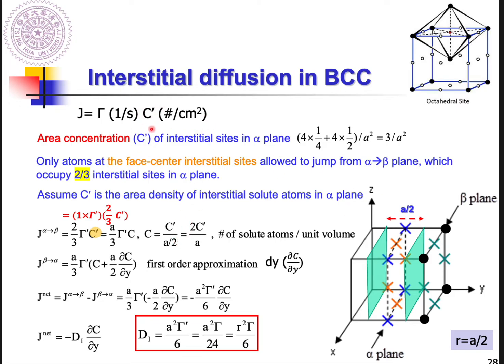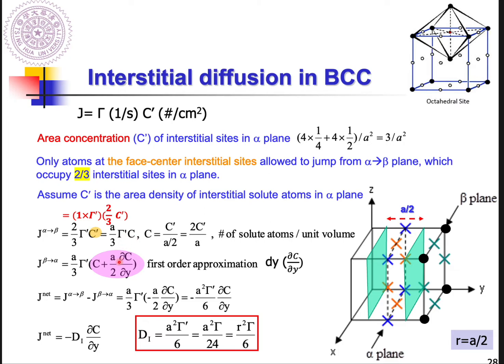You need to calculate concentration or area density and determine the number of possible jump directions, something like that. But here we provide another choice. We just modify the concentration here.